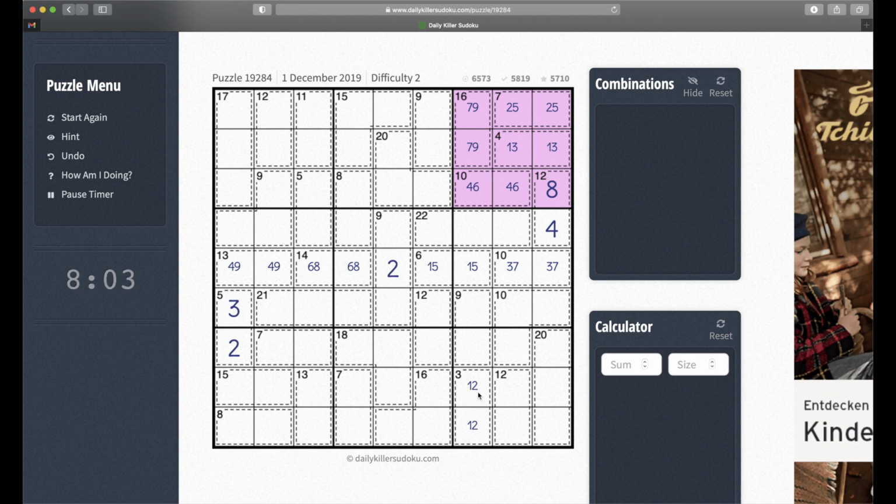For example, look here. There's a 1, 2 in this column. So this tells us if 1, 2 is here, none of these other cells here can contain a 1 or a 2. But look, here's an option of a 1 or a 5. That means that cannot be 1, so that has to be 5. And therefore that has to be a 1. That helps us because look at this 9 cage that we previously put a 2 in.